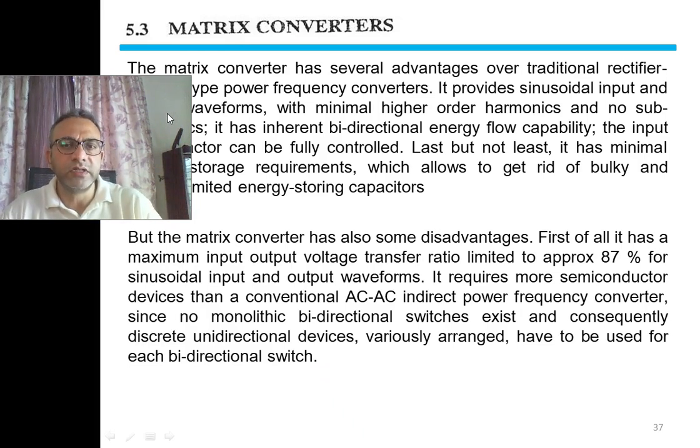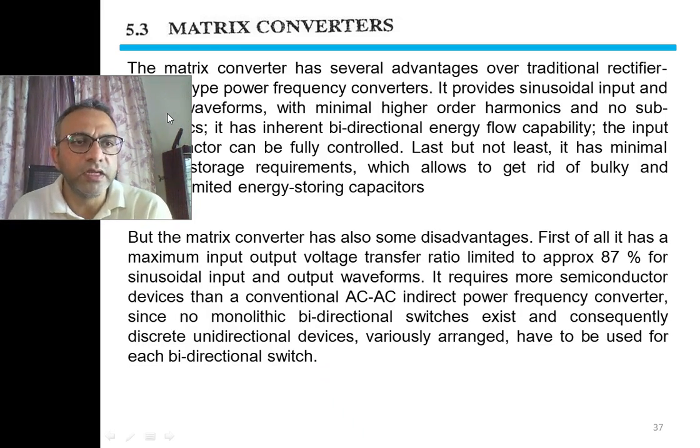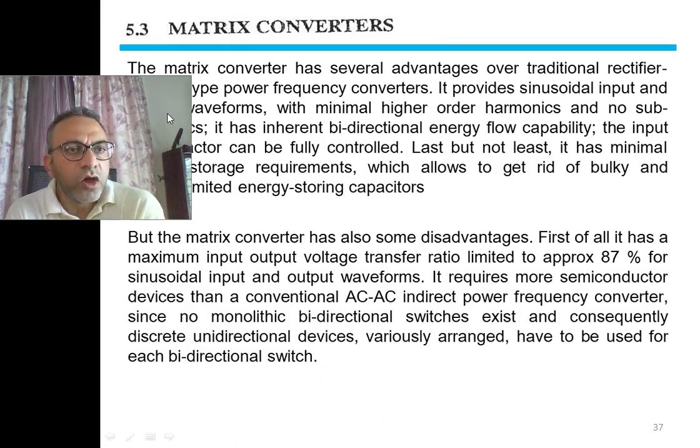So, first of all, the disadvantage of the matrix converter is that the voltage ratio is limited. Secondly, all power electronic devices are unidirectional. This matrix converter needs a switch which should be bidirectional. So we have to use a pair of power electronic devices, and each component in a pair will transfer current in one direction.